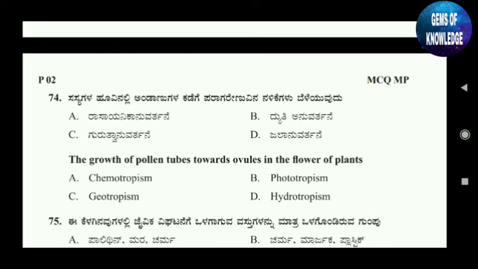Whereas phototropism refers to the light, where the shoot of the plant will bend towards the light. Okay, hydrotropism is nothing but depend on the water, and geotropism means the plant will bend towards the earth. Okay, it will go deep into the earth. It refers to the geotropism. Okay, so here the answer is nothing but chemotropism.